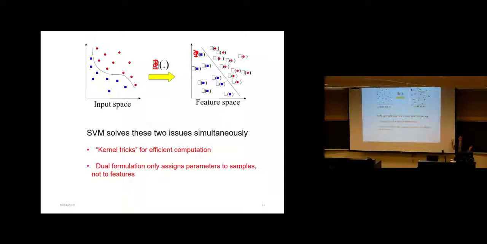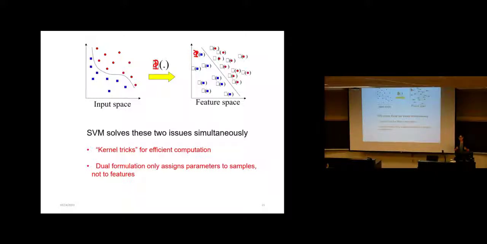There are some reasons behind this. SVM is a very good tool to solve two issues simultaneously. It uses the kernel trick for efficient computation. I'm going to talk about why it's efficient. And also the dual form assigns the parameters only to the training samples, but not to the features.